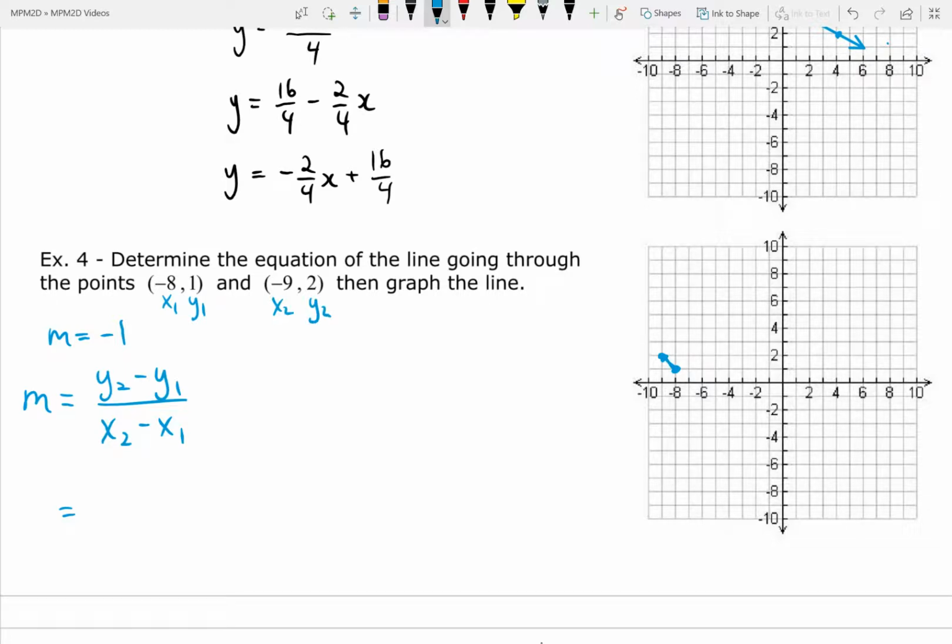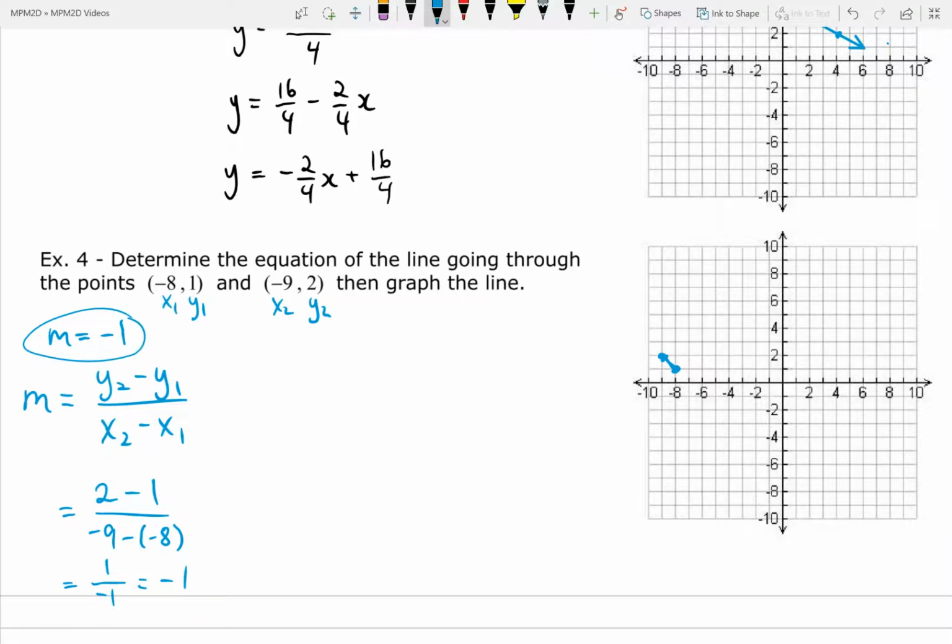So if I plug these values into my equation, y2 minus y1 would be 2 minus 1, and x2 minus x1 would be negative 9 minus negative 8. And so 2 minus 1 is 1, negative 9 minus negative 8 is negative 9 plus 8, which is negative 1, and that's equal to negative 1. So I verified my slope is negative 1.